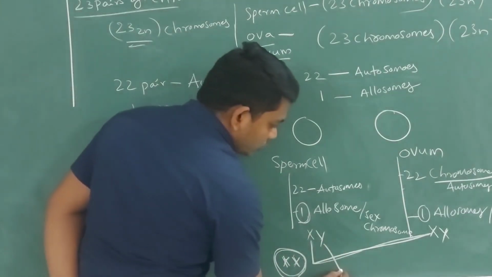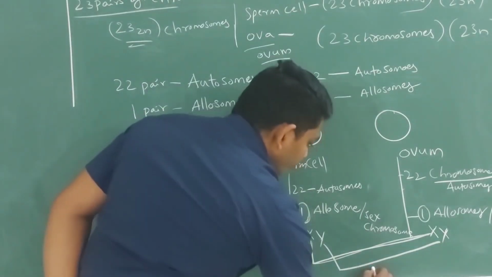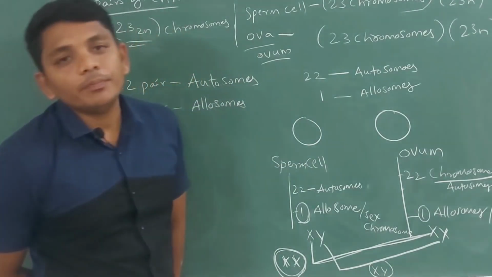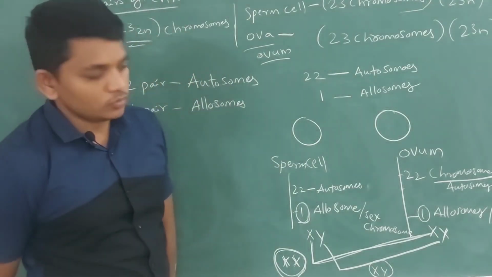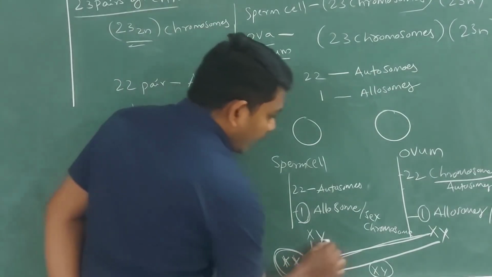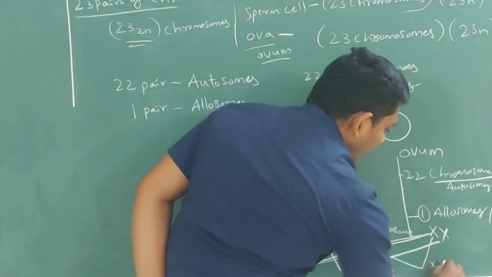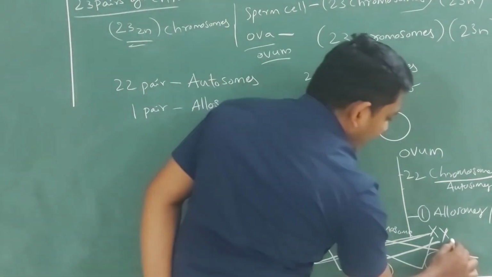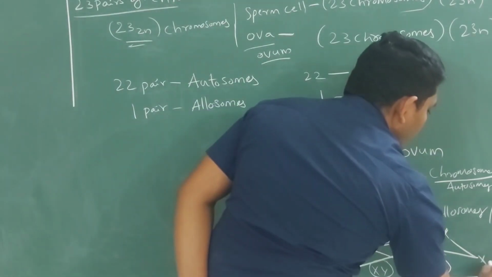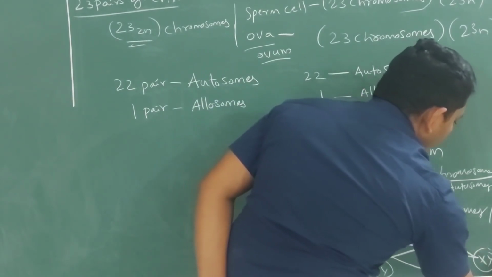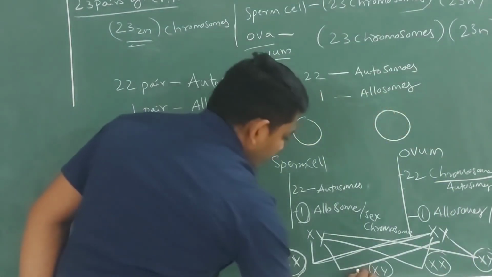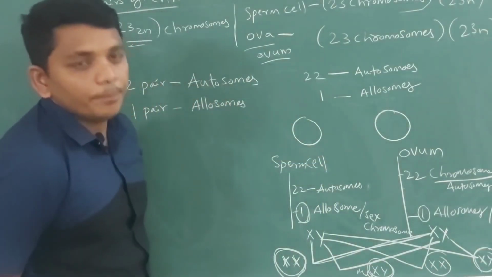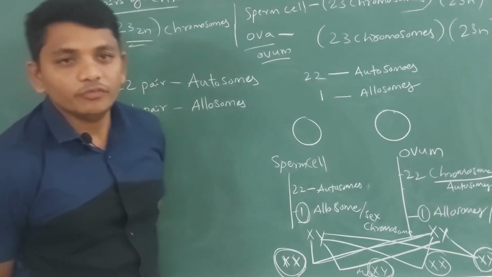If Y combines with X, then XY, which means a male baby will form. If X combines, again XX, a female baby. If Y and X combine, XY, a male baby. So XY represents male, XX represents female.